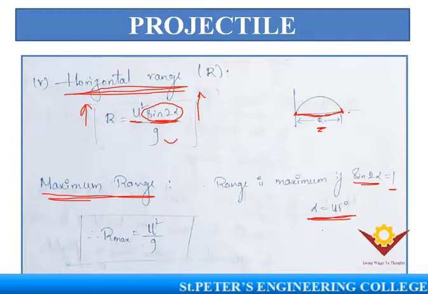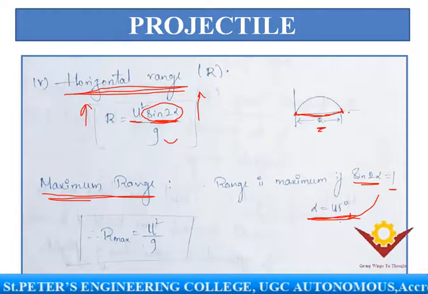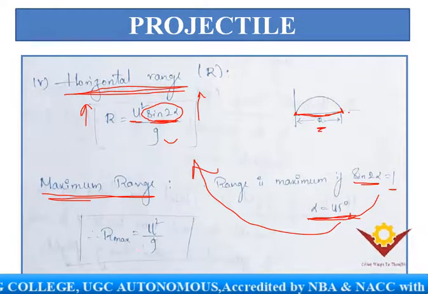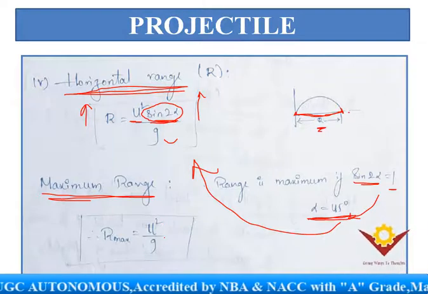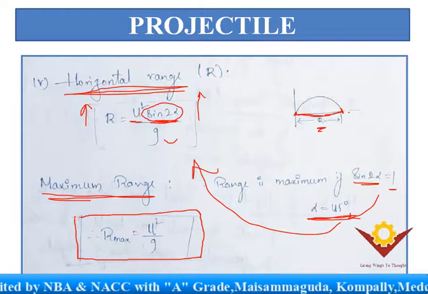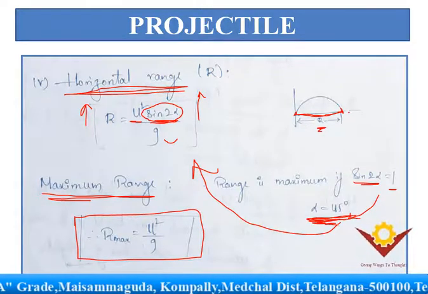If you simplify this, you get alpha equals 45, and if you substitute the same in this formula, you get R max equals u square by g. Clear? And this is your maximum range, by the condition of alpha equals 45 degrees.